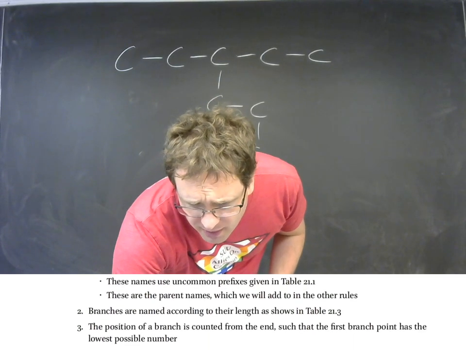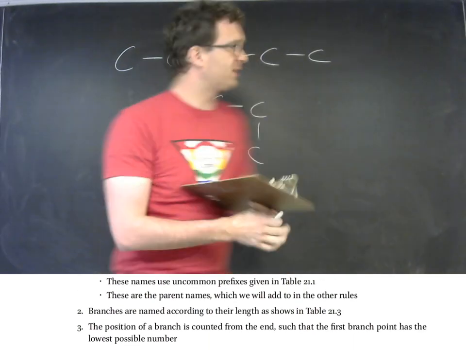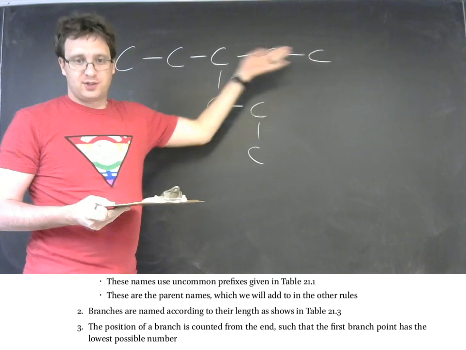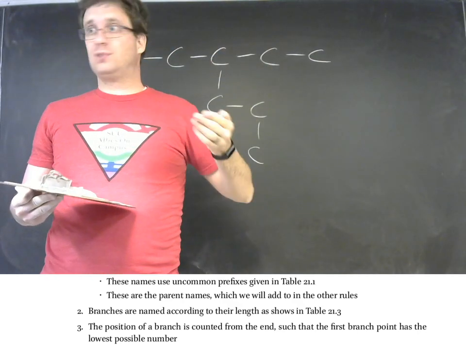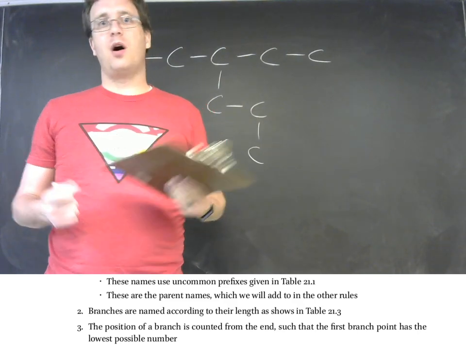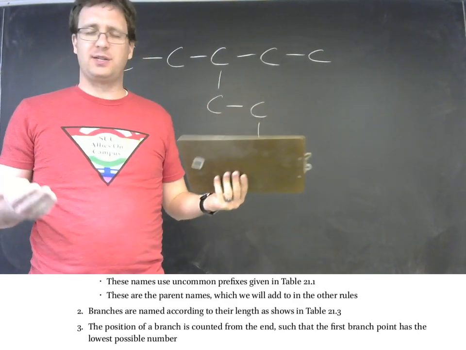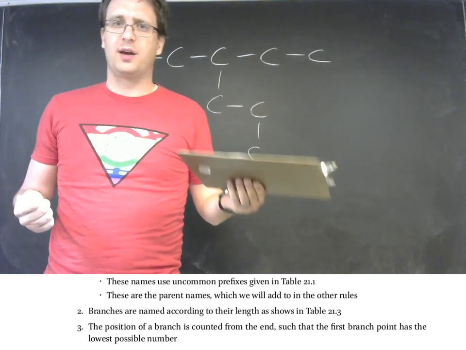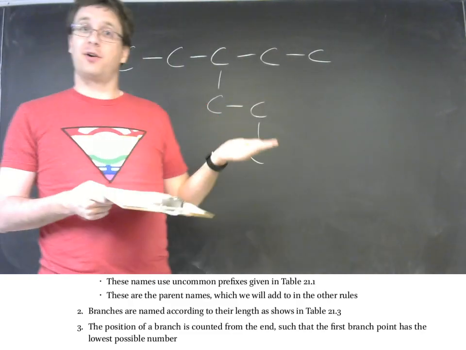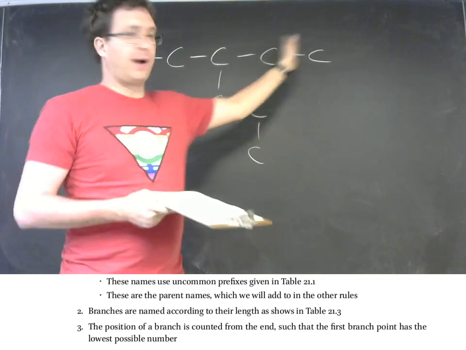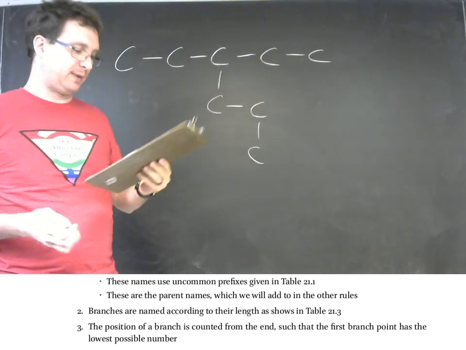All right, and then you're going to have branches, like here we've got a branch, which is just where a carbon or some other non-hydrogen element, it could be an oxygen, it could be a chlorine or a fluorine. Anyway, when some other interesting thing branches off of the main carbon chain.